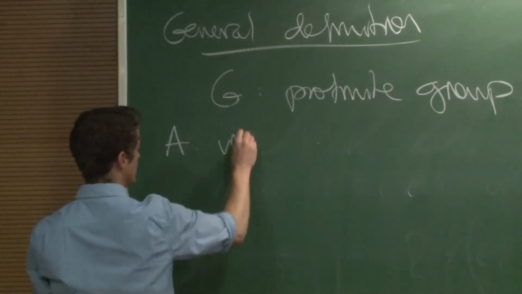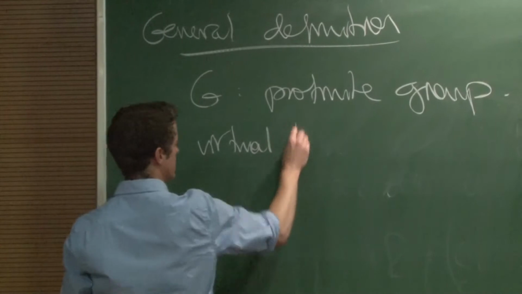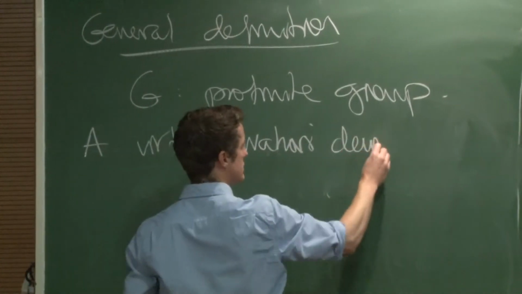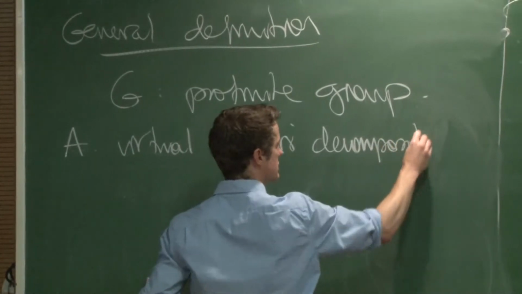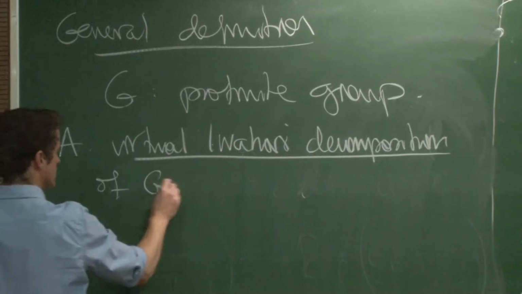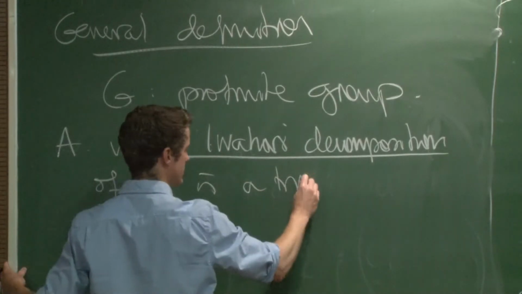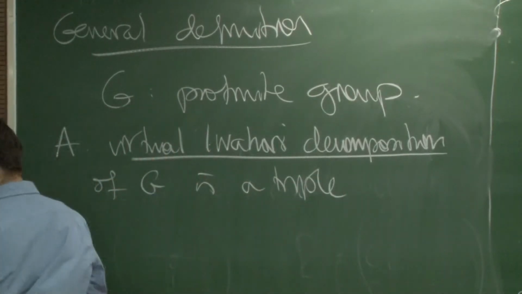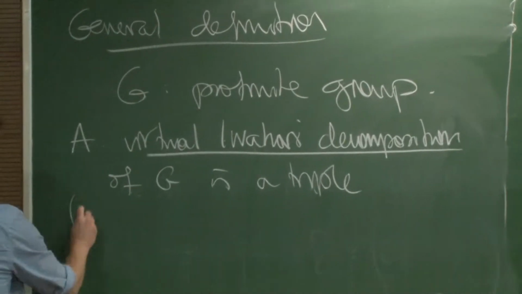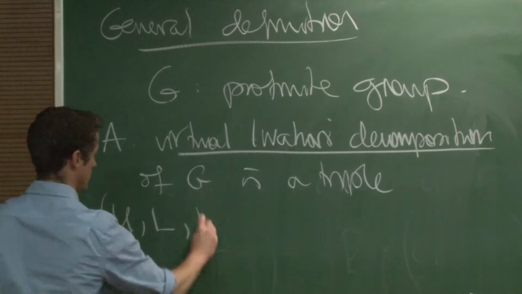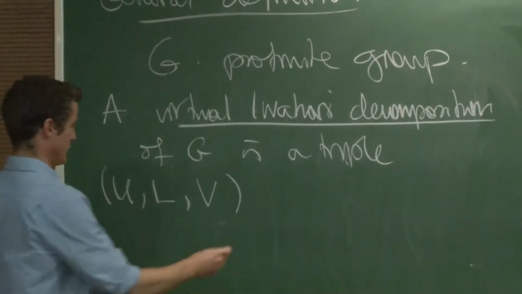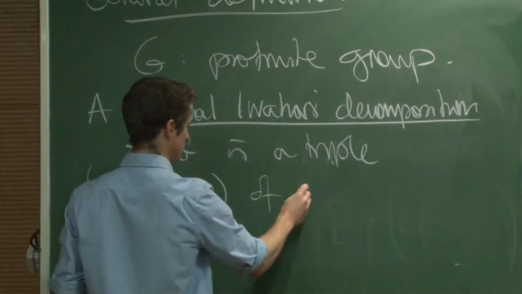So here's a definition. A virtual Iwahori decomposition of G is a triple U, L, and V, closed subgroups of G, with the following properties.